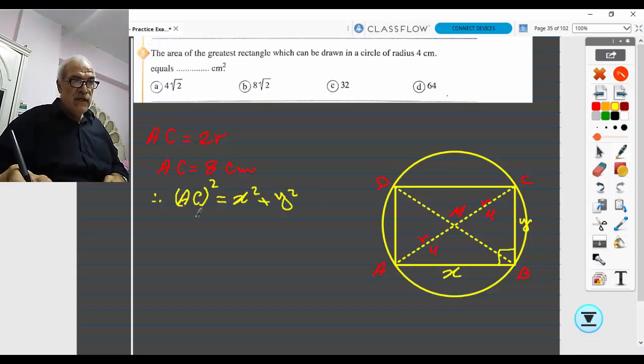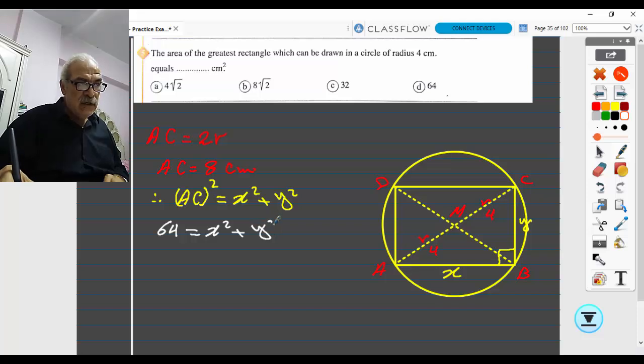We know AC equals 8 centimeters, so AC square is 64. So 64 equals X square plus Y square. And from that, we can deduce that Y square equals 64 minus X square.